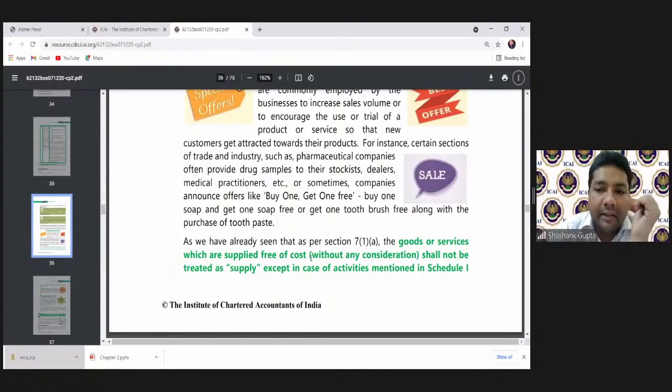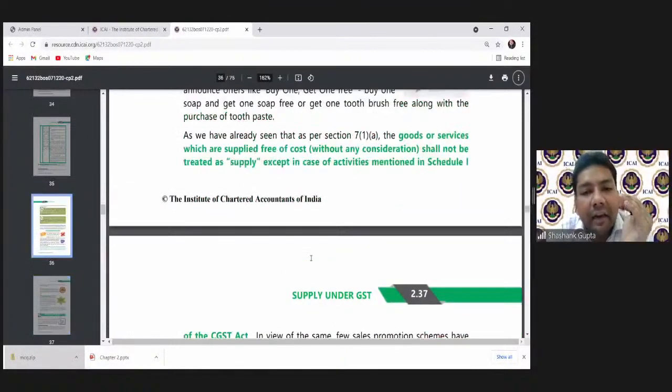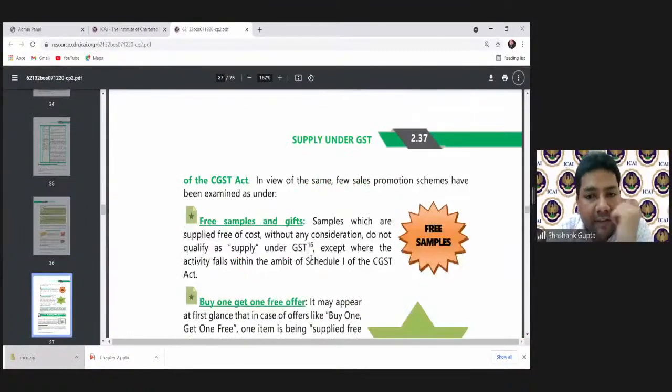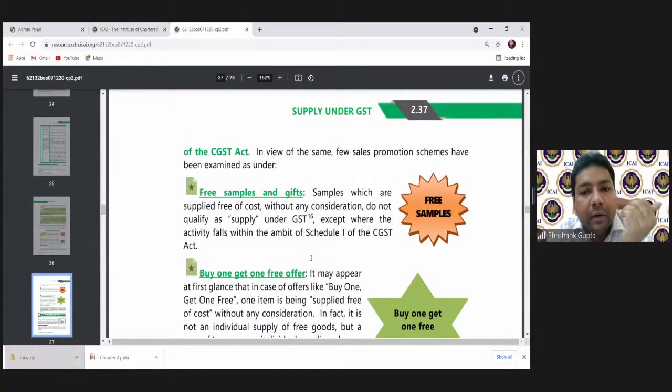Only thing where we will get bothered is where any supply is getting covered under Schedule 1. For example, samples which are supplied free of cost without any consideration do not qualify as supply except where they are covered under Schedule 1. Where they are covered under Schedule 1, where you avail input tax credit on it, that is, any business assets permanently transferred or disposed of on which ITC has been availed.